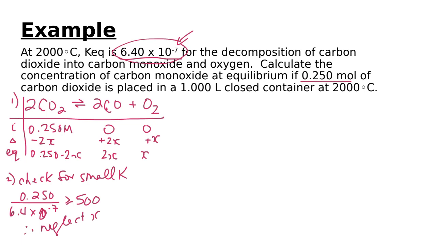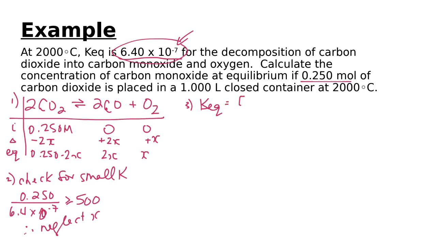And I'm going to show you exactly what we mean, because we can't neglect all of the x terms, but we can neglect some of them. So we're going to set up our KEQ step. Number your steps in case you're all over the paper or the whiteboard like I am right now.